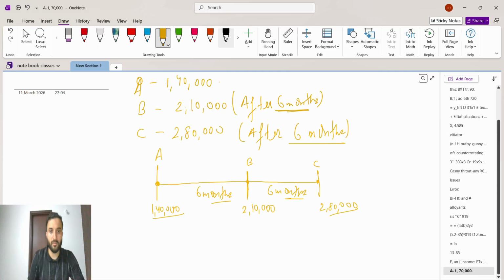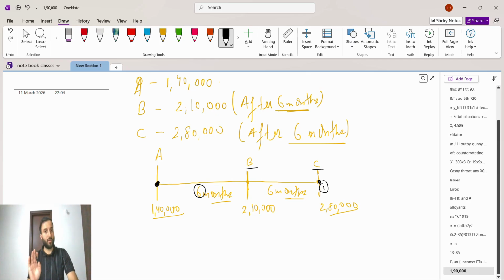So C joined after 1 year, right? A started the business, after 6 months B joined, 6 plus 6, 12 months, means after 1 year C joined. Correct? Very good.